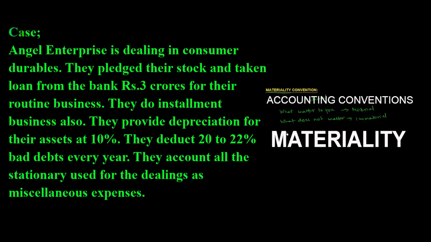For that, they are writing off the depreciation every year at 10%, and the debtors are calculated by deducting 20 to 22 percent based on the nature of the collection and the nature of debtors, and the stationery used particularly for this installment business is considered a miscellaneous expense.